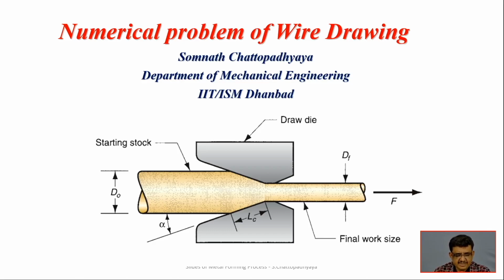There is a very specific critical length in the die, and the dimension is converted from D0 to Df, the final diameter. F is the pulling force, and the final work size is associated with the final diameter Df. So, this is a typical structure of wire drawing. Let us see what the problem is.